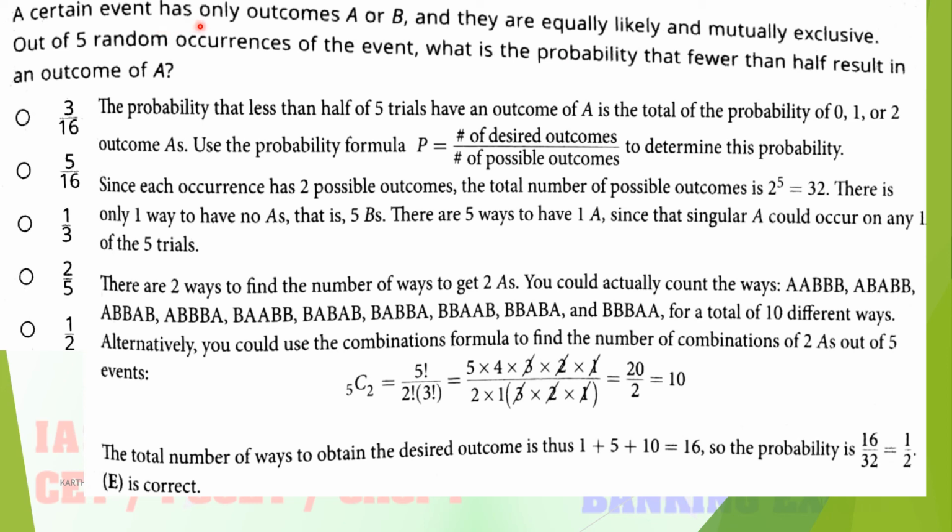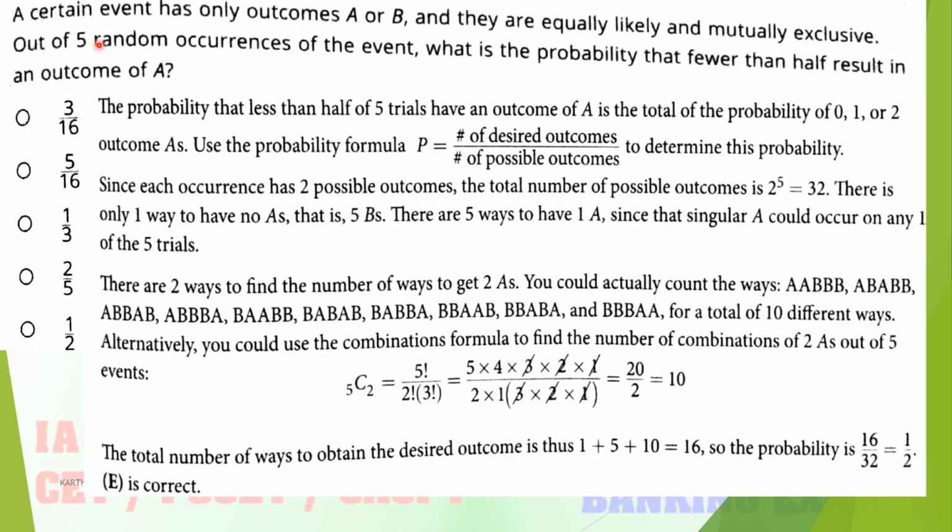A certain event has only outcome A or B. The question is the probability that fewer than half result in outcome A. The total number of trials is 5, and fewer is less than half of 5.